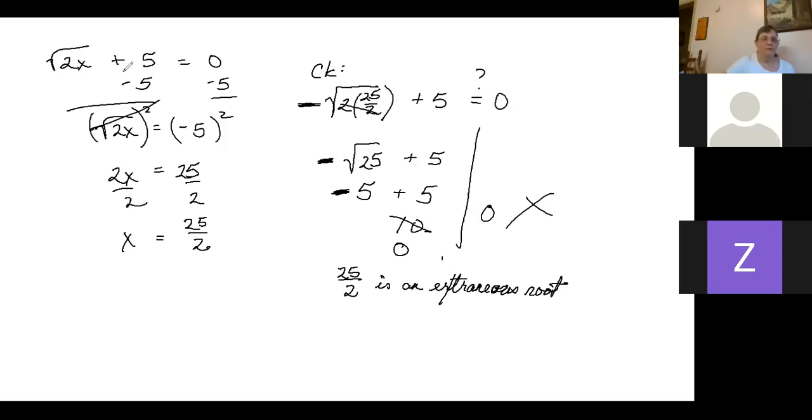I got to show you one more. If you have something like the square root of x plus 7 plus 5 equals x. First thing we got to do is subtract 5.